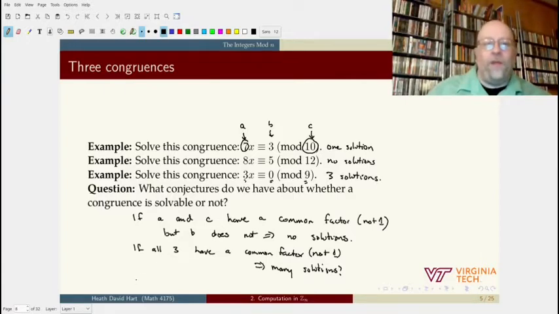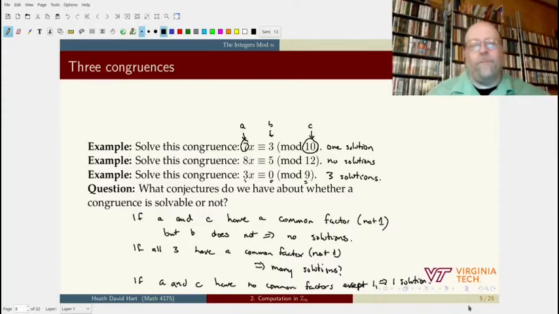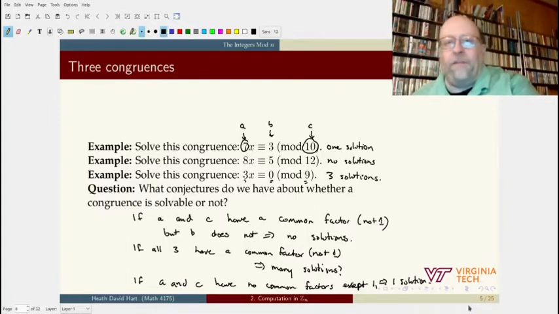And so if A and C have no common factors, except 1, then we get one solution. So let's look at this on the next slide and see if this makes sense here.